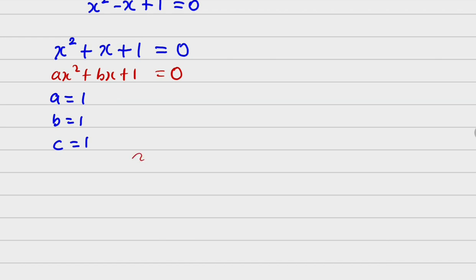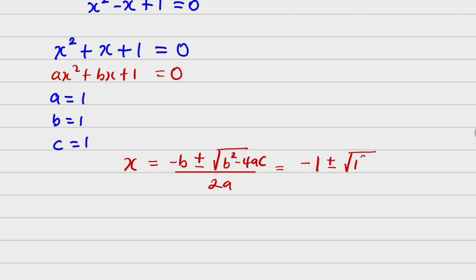So therefore, I'm going to have that my x is equals to minus b plus minus root of b squared minus 4ac all over 2a, which will now be equals to minus 1 plus minus root of 1 squared, then minus, I have 4 into 1 into 1, okay, all over 2.